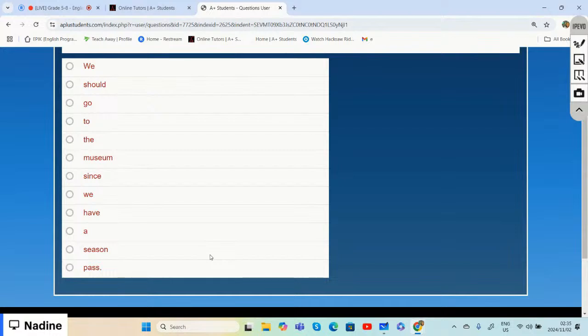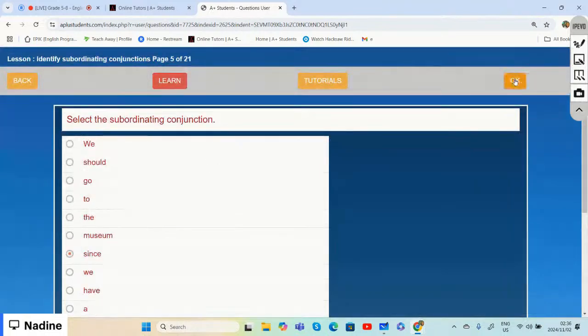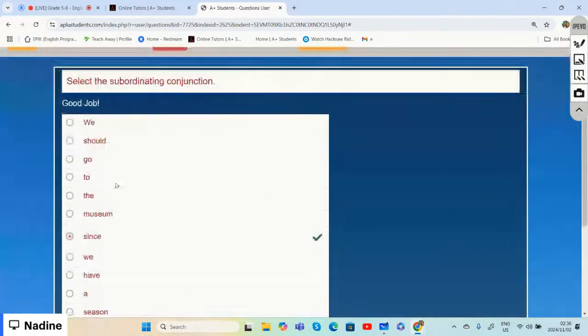And if we were to choose our subordinating conjunction, then yes, since is our subordinating conjunction. Well done.